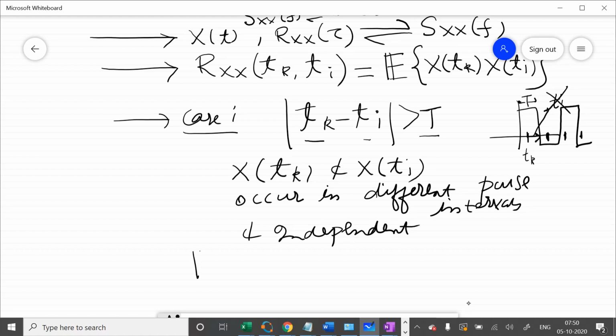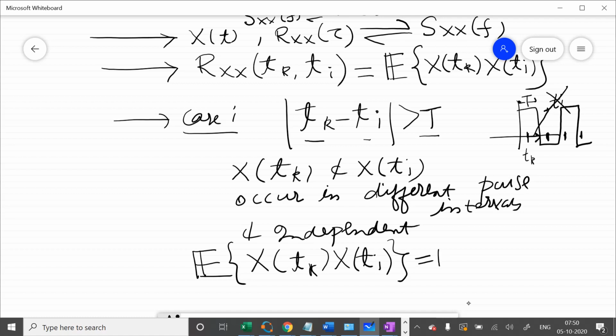Now if they are independent, then the expected value of x of tk times x of ti is the expected value of x of tk times the expected value of x of ti.